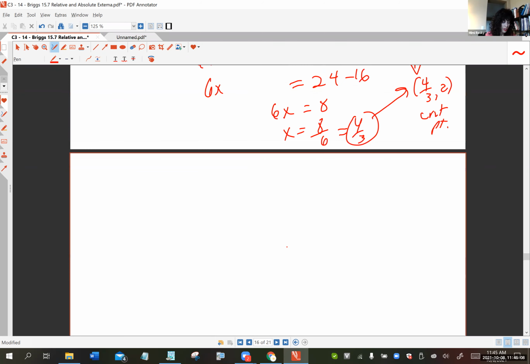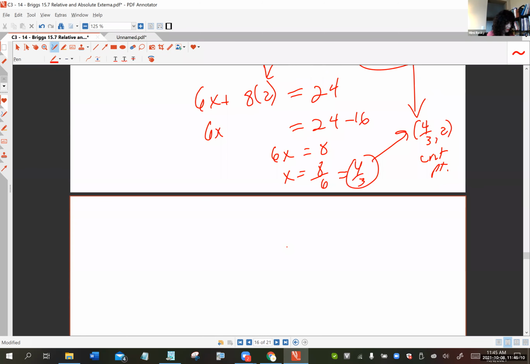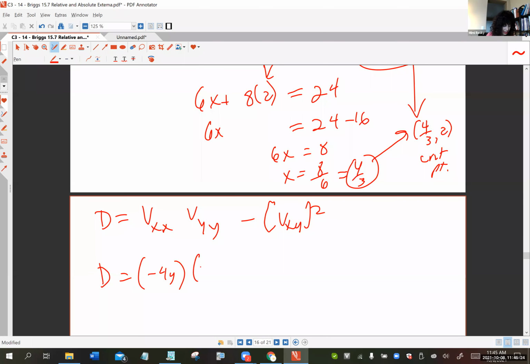and prove to me that that does indeed maximize your volume function. So if you get D, which is Vxx Vyy minus Vxy squared, Vxx turns out to be negative 4y. You can check me on that. Vyy is negative 8/3 x.